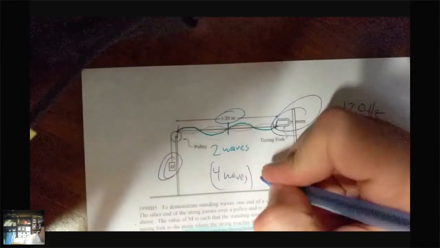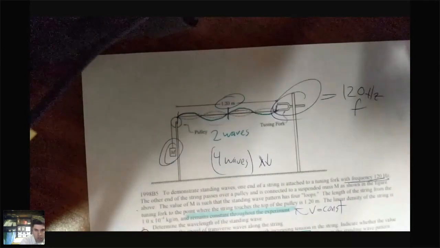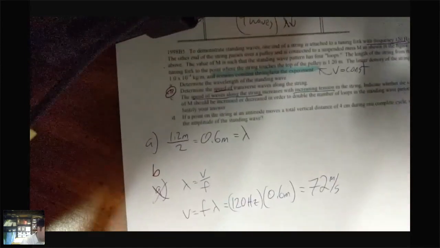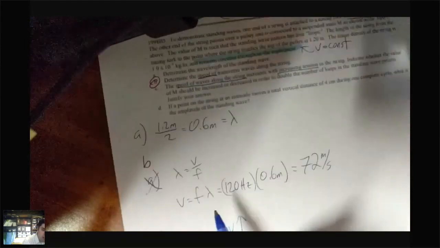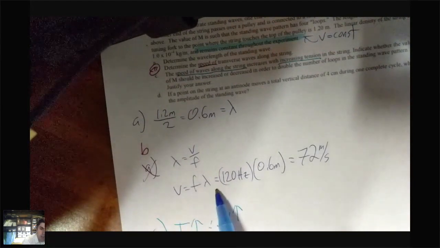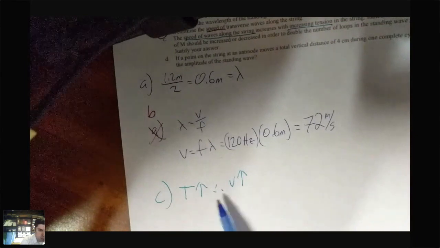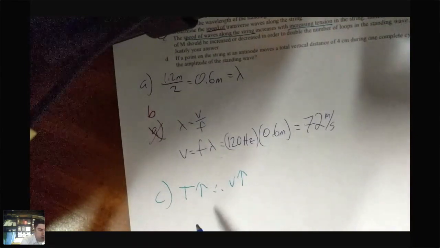So I need to make my wavelength go down. We know from part B that the velocity of the wave depends on the frequency and the wavelength, and part C told us the velocity is directly related to the tension.